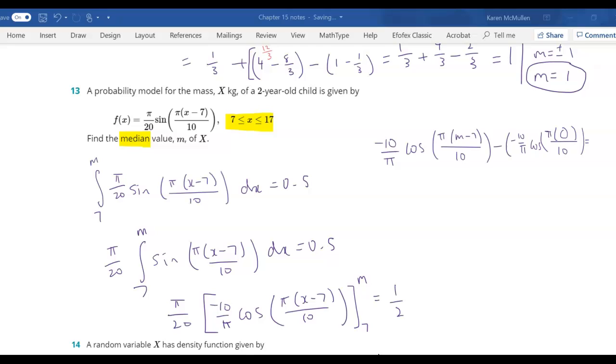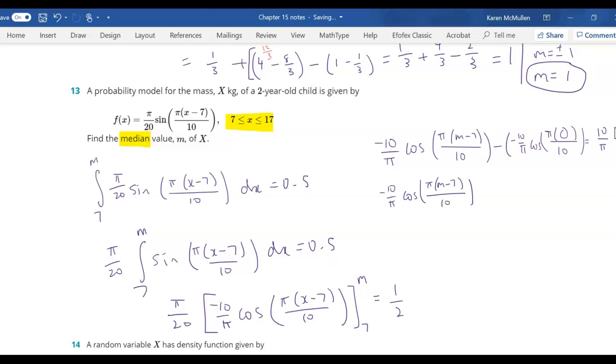So one half times 20 on pi is 10 on pi. Oh, I can see something nice is happening here. Pi m minus 7.